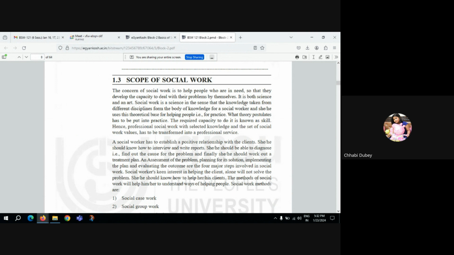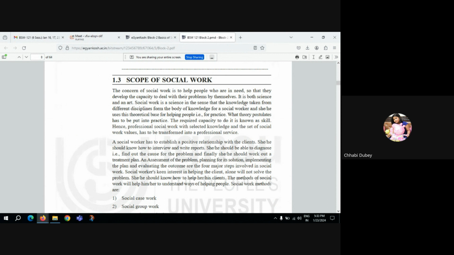That is, you have to integrate theory with practice, and this capacity to integrate theory with practice is what is known as a skill. Professional social work, with selected knowledge and a set of social work values, has to be transformed into a professional service. So we say that social work is both an art as well as a science.